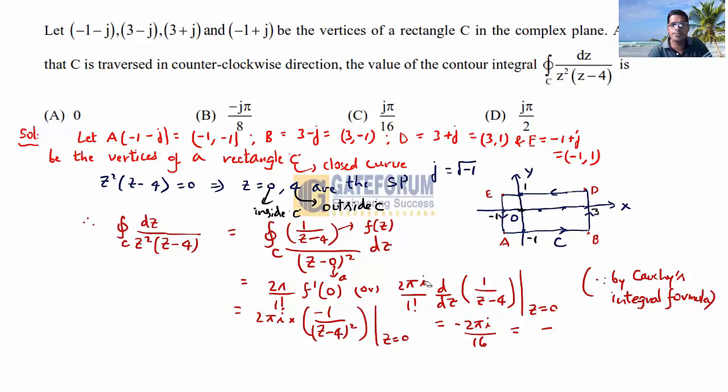So this is j. 2 pi j here, also 2 pi j, 2 pi j minus 2 pi j. So finally minus pi j divided by 8. So the answer is minus j pi by 8. Accordingly, the option is B. This is the end of the question.